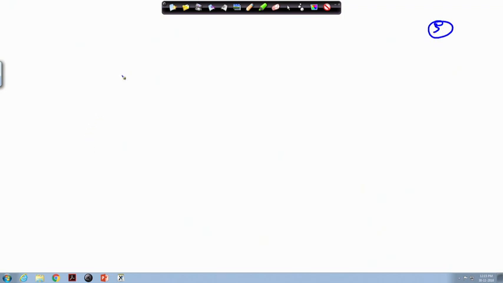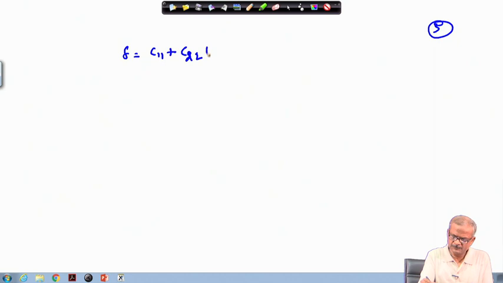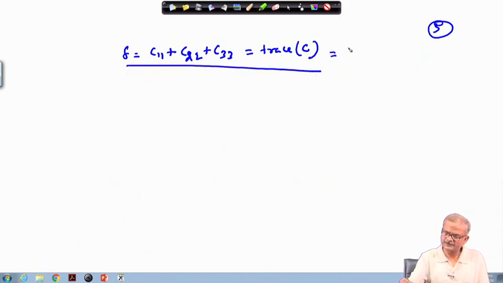So, already we know that this delta we have written as C 1 1 plus C 2 2 plus C 3 3, this is the trace of the C matrix, and this quantity must be equal to 1 plus 2 cos phi.